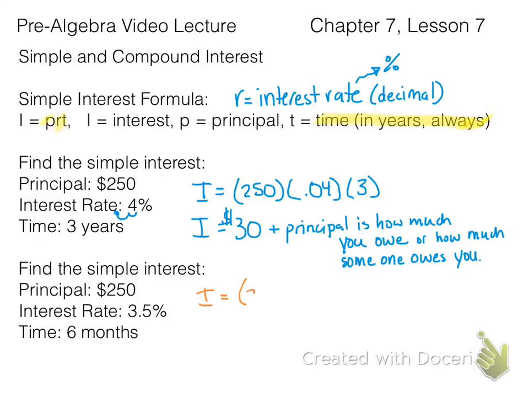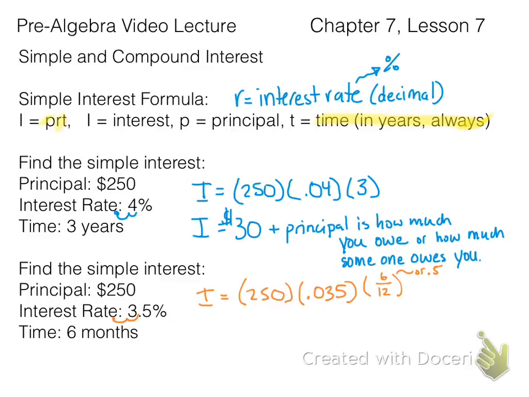All right, so let's do this next problem where we only have 6 months instead of a year. It's the same principle as before, a slightly lower percentage rate, and instead of 3 years or even 1 year, we have half a year, which is 6 months out of 12, which reduces to a half, the same as 0.5. Is that making sense?